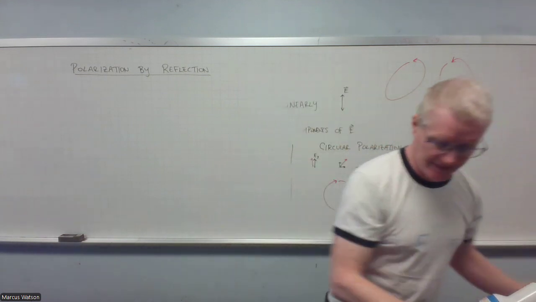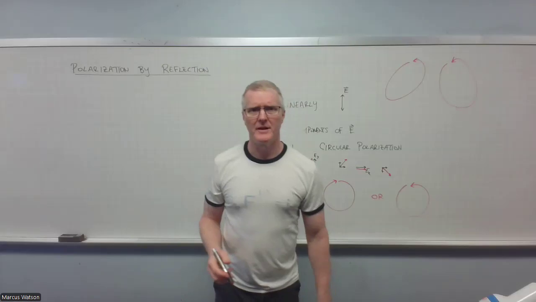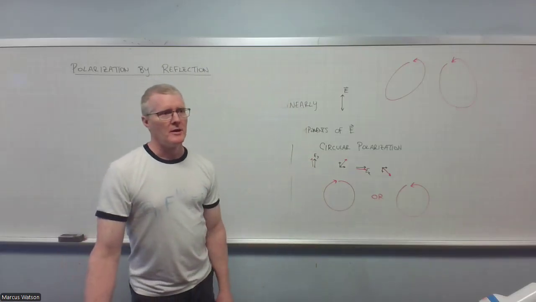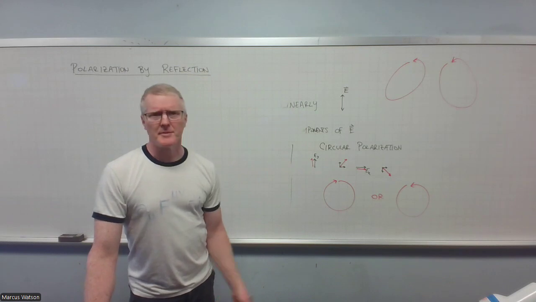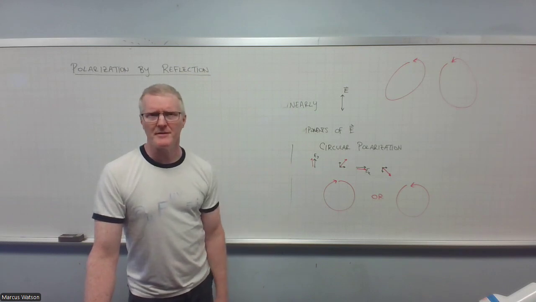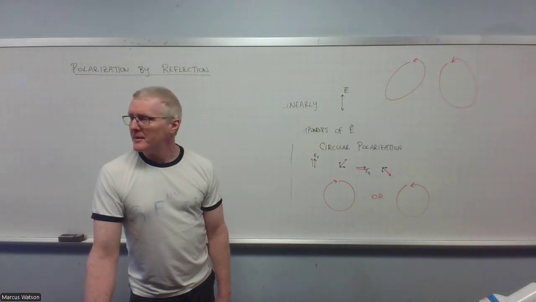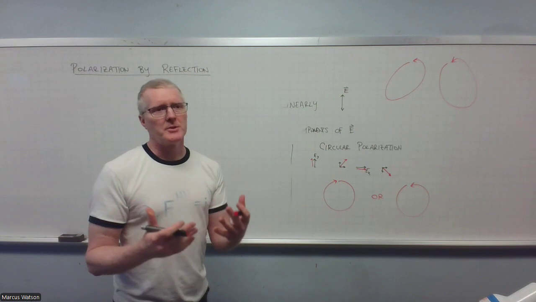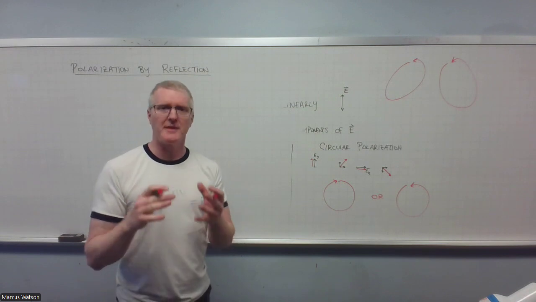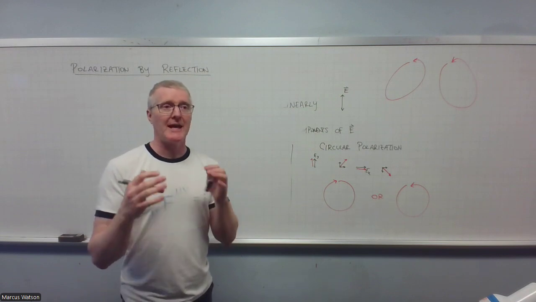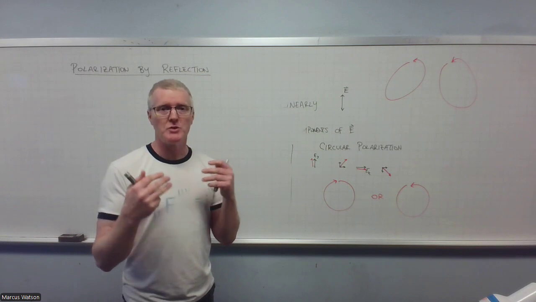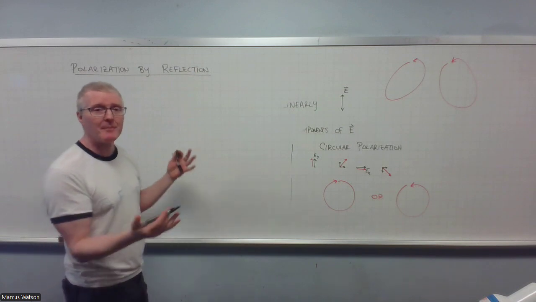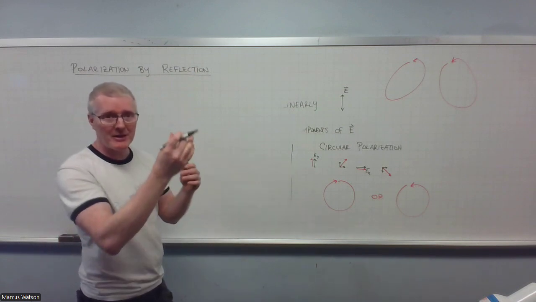Well, Polaroid, at least when they came out, was made of an interesting salt, a kind of an iodine quinine salt called, I don't know, some chemical name, like herapathite or something. But the idea is that when you have materials, the materials can have asymmetric molecules, and the asymmetric molecules can react differently to different polarizations. So suppose, for example, that you had a material that had a bunch of long, thin molecules, right?